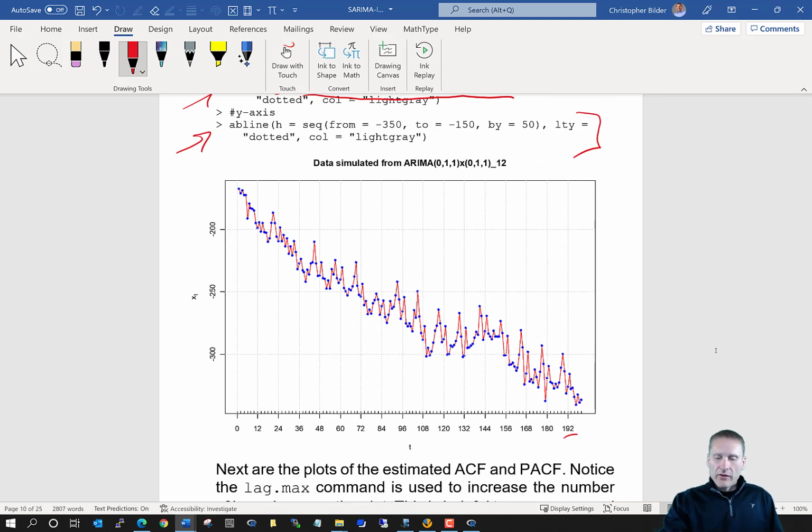So notice here I'm going by 12 on the x-axis, and we can better see that indeed every 12th value approximately seems to have a certain pattern associated with it. So the whole purpose of this demonstration is to show you that when you draw our normal old time series plot, it can be very useful to draw this plot in a way so that you can see the seasonal aspect better.